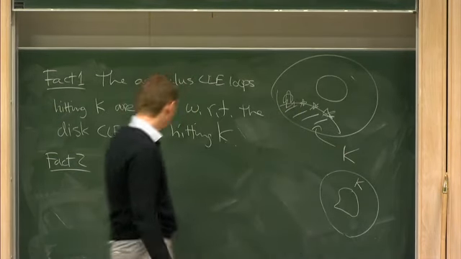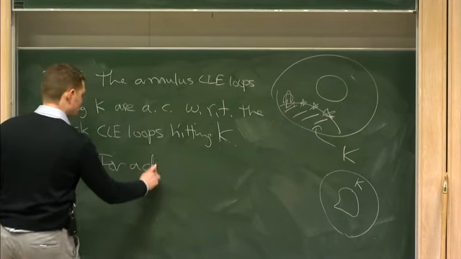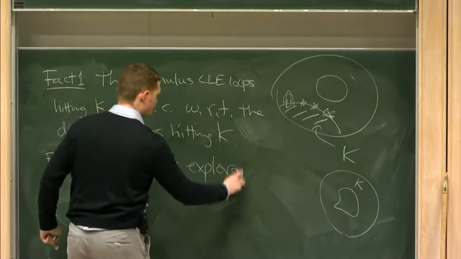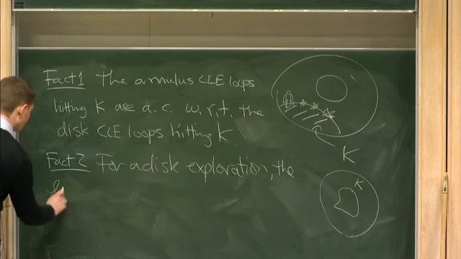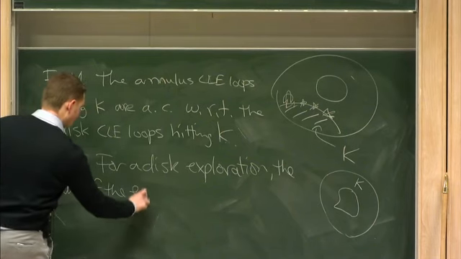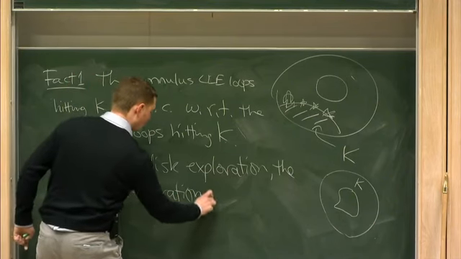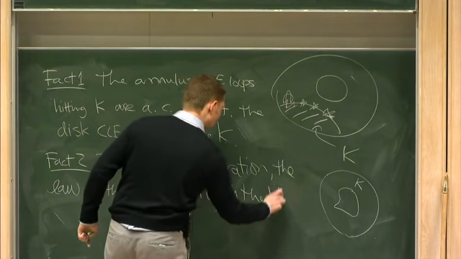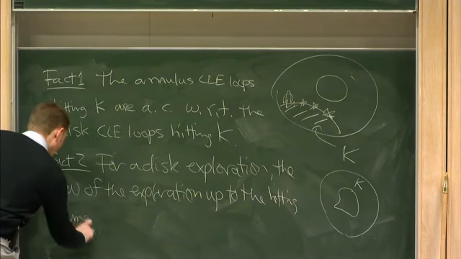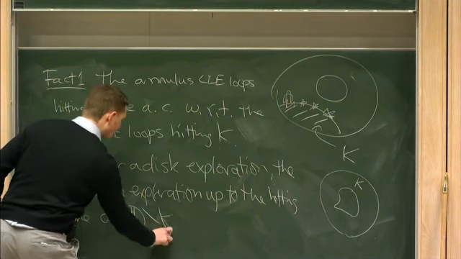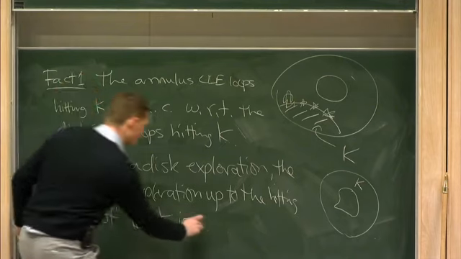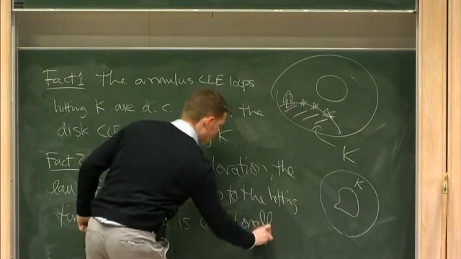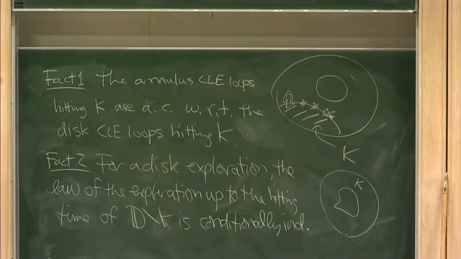But the point is that for a disk exploration, the law of the exploration up to the hitting time of the disk without K is conditionally independent of the exploration after that time, given the loops that do hit K.